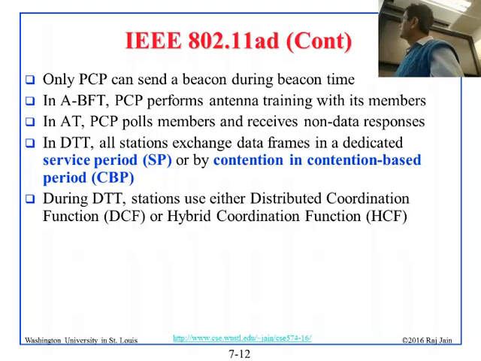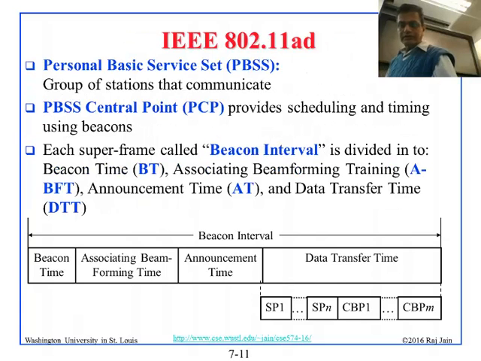During the data transfer time, stations use either the distributed coordination function or the hybrid coordination function. The distributed coordination function is the original 11 thing, and the hybrid coordination function is 11e with priority of service and all that. HCF and DCF, we have discussed this before. Back to this slide, this is the contention period, and this is the dedicated period.